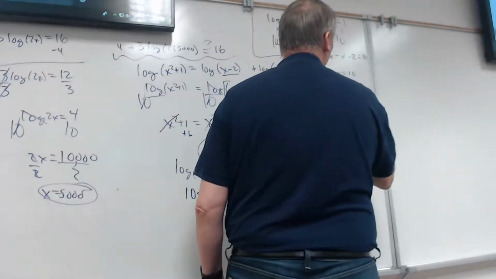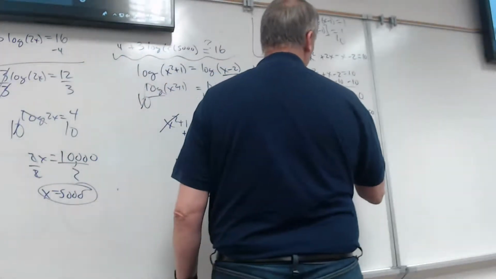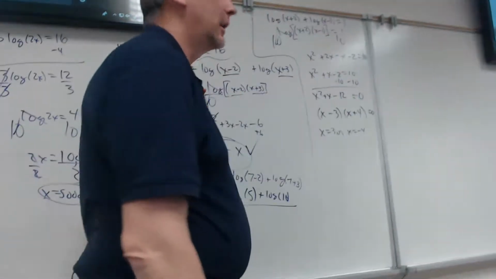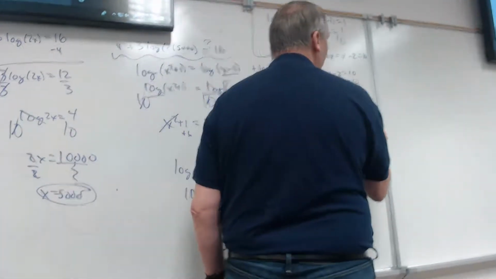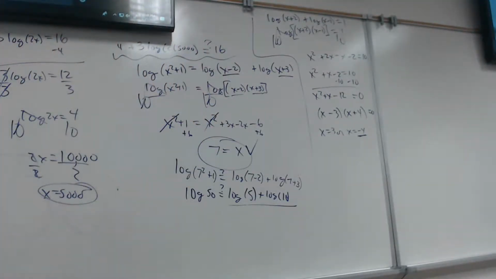It's going to be plus 4 and minus 3. Okay? So therefore, x equals 3 or x equals minus 4. Okay? Now, anytime I see a negative, it always makes me a little bit nervous, right? So maybe we want to check that one.